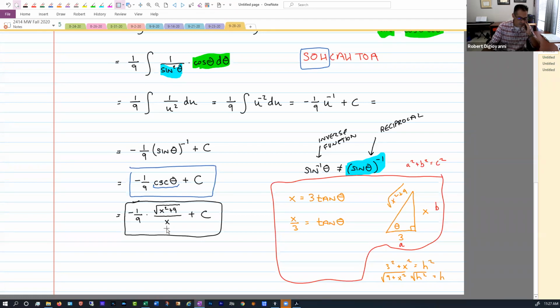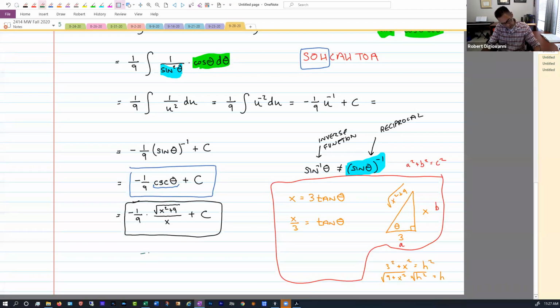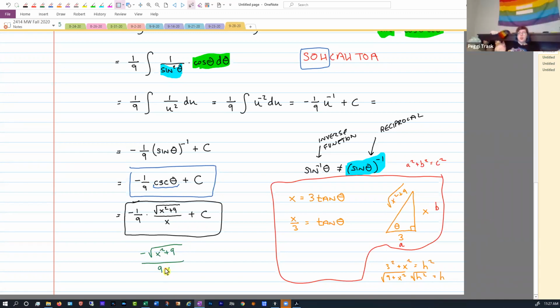The 9 could go to the bottom, and the negative you could just put in front of the root. Could you do negative square root of x squared plus 9 over 9x? Yeah, that's what I was thinking, like condensing it.